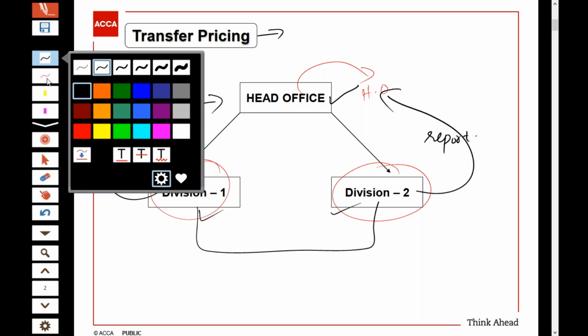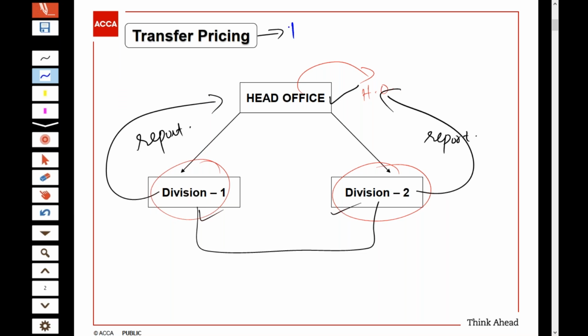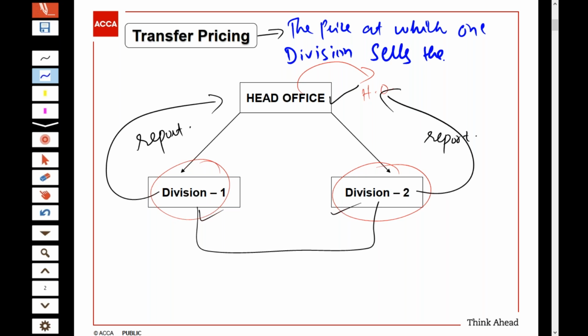What is transfer pricing? That is a simple thing. Transfer price is the price at which one division sells the product to the other division.